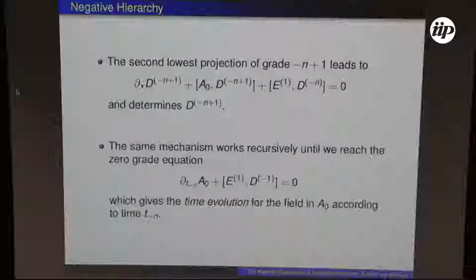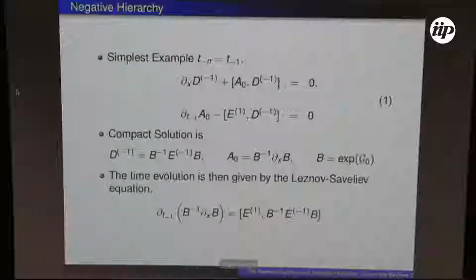And then if you go for the second lowest projection, you get D_{-N+1}, and so on, until you reach the zero grade component, which leads you again to the time evolution of the same field A0. As an example, the simplest example is N = -1. For N = -1, you have to solve these two equations.